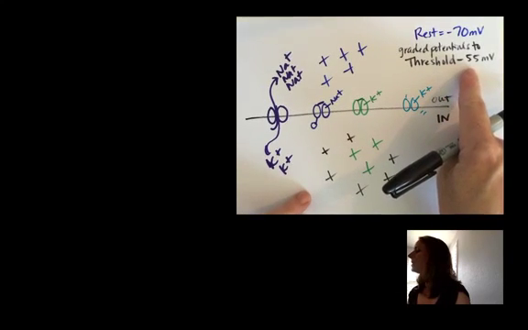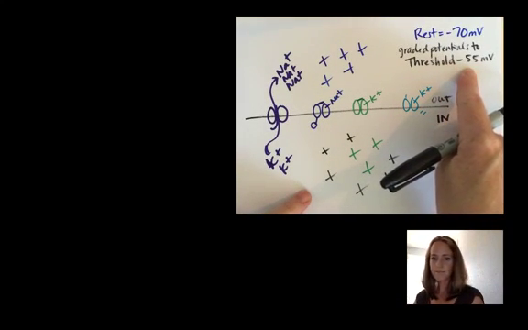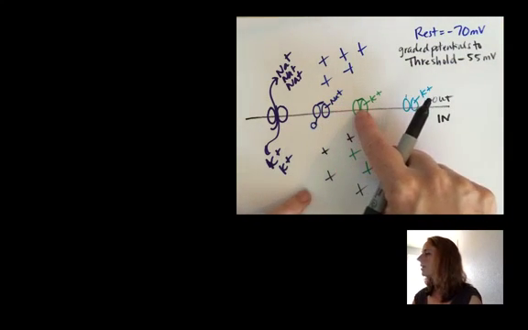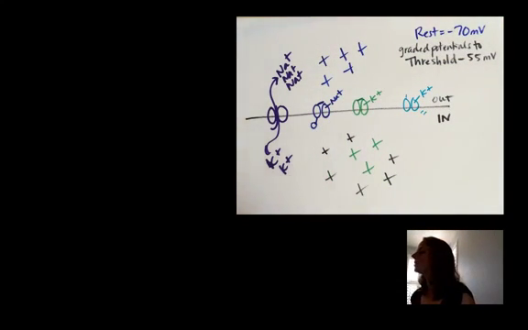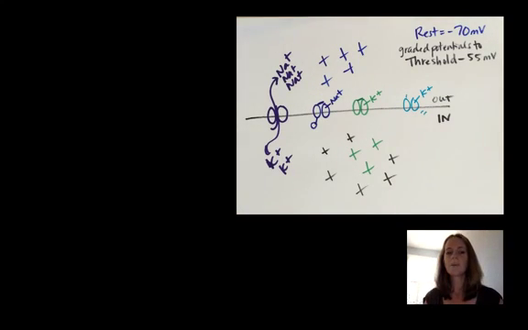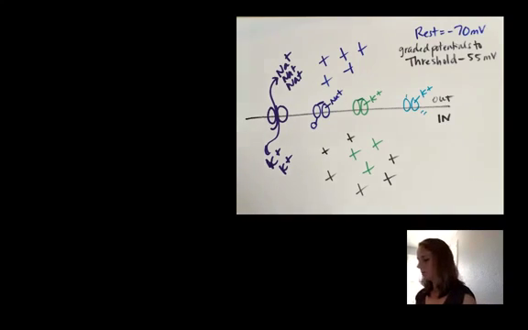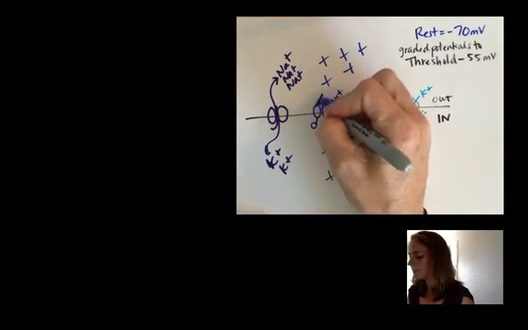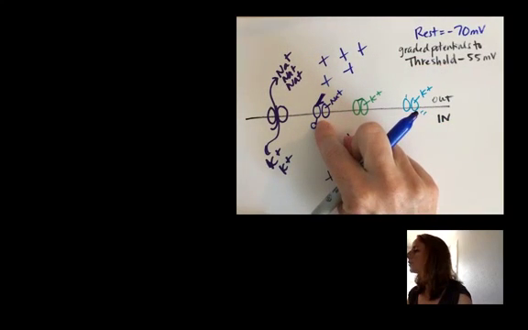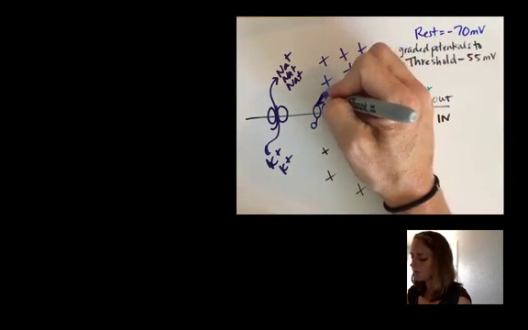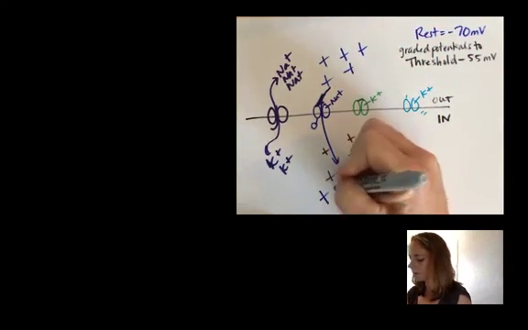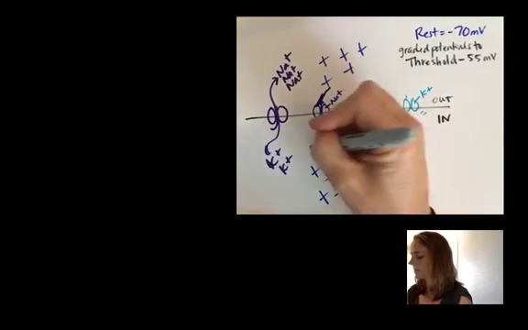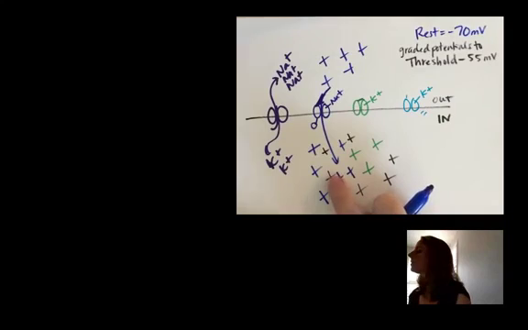We call this threshold because at negative 55, the sodium and potassium voltage-gated channels will be triggered open. So we reach threshold due to a buildup of graded potentials. Once we hit threshold, we're going to open up sodium channels. Which way does the sodium want to move? Sodium wants to move in the cell. So when we open up sodium channels, does the membrane potential get more or less positive?